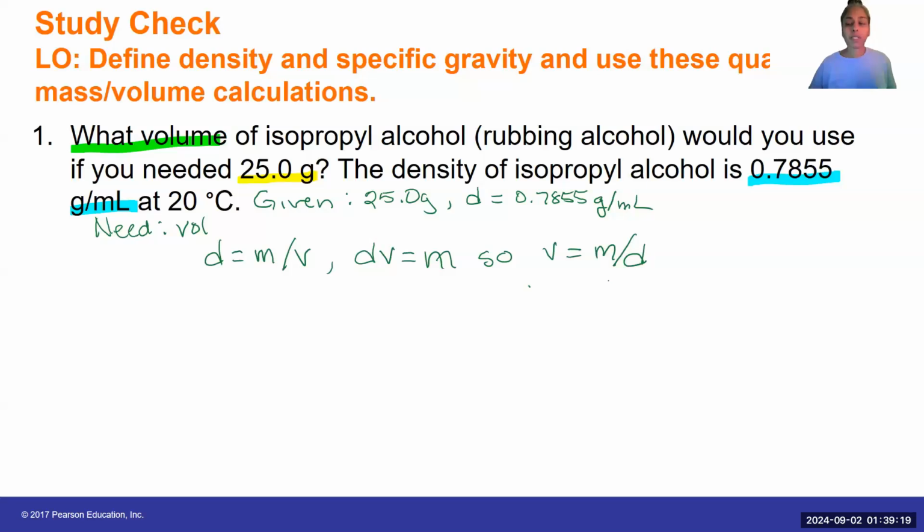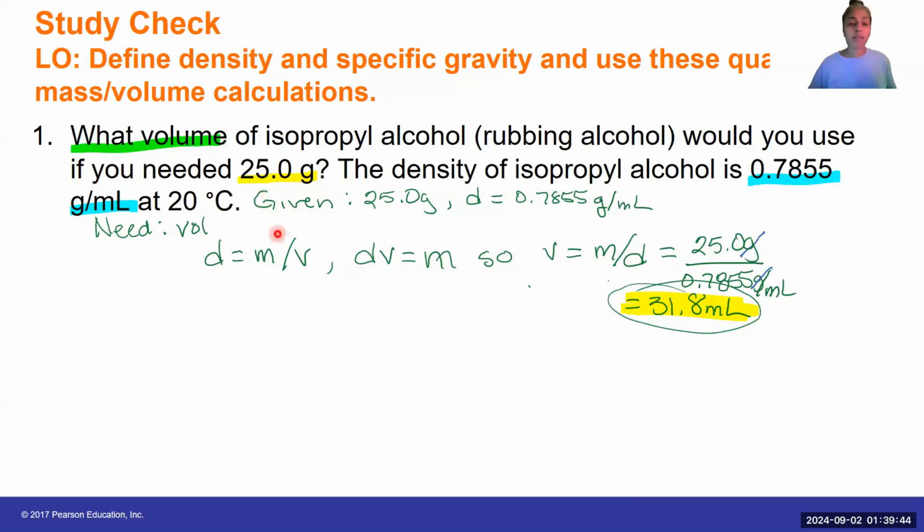So what does our volume equal? It equals 25.0 grams divided by 0.7855 grams per milliliter. Our grams are going to cancel out, and we end up with 31.8 milliliters. Why do we have three significant figures?